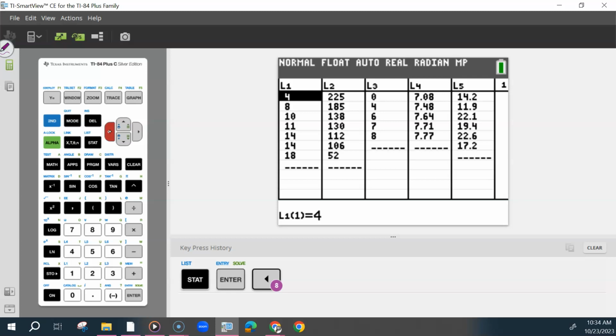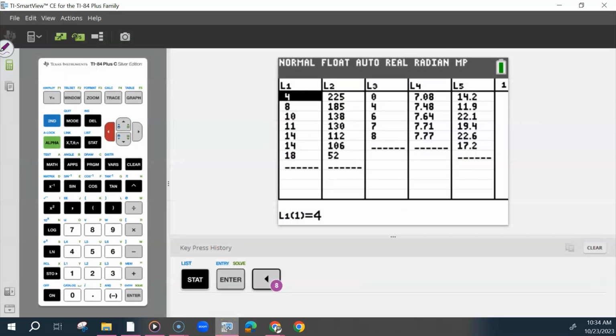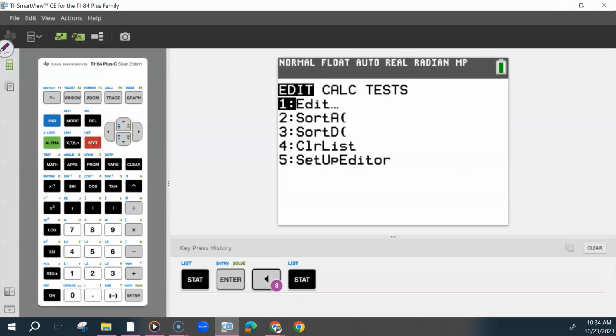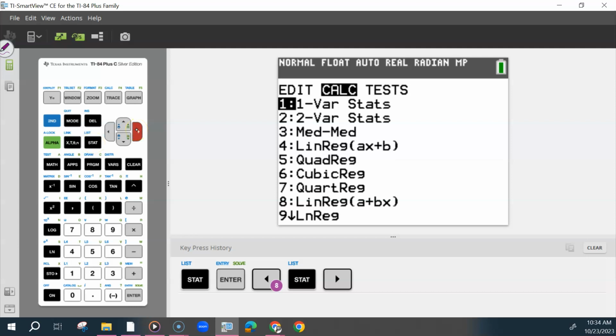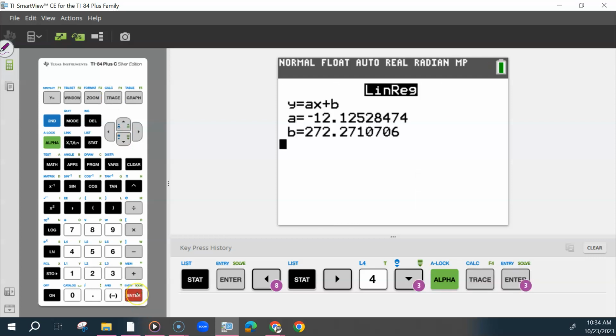So I have those in my L1, L2. And then we're trying to find the line of best fit and then find the length of time for the 15-year-old. So I would go back into stat, I would scroll over to calculate, go into number 4, make sure this is L1, L2, go down and hit alpha trace. And then enter 3 times.